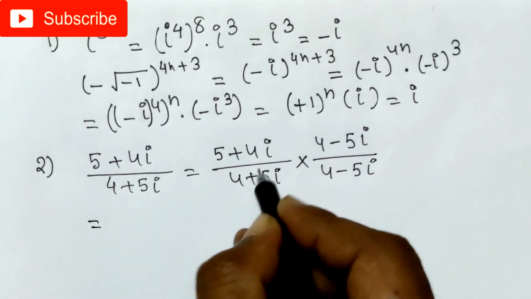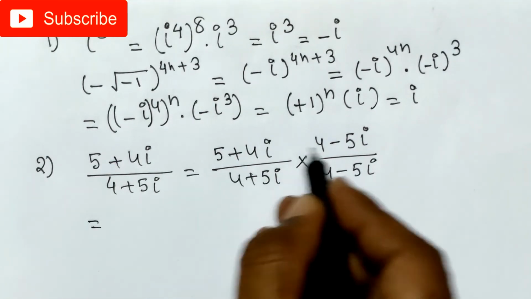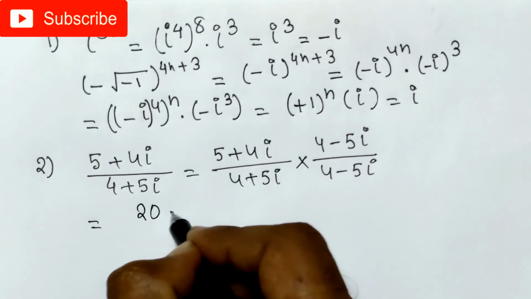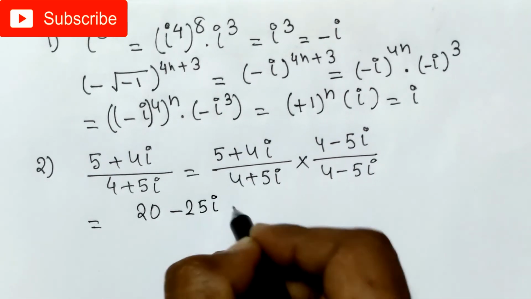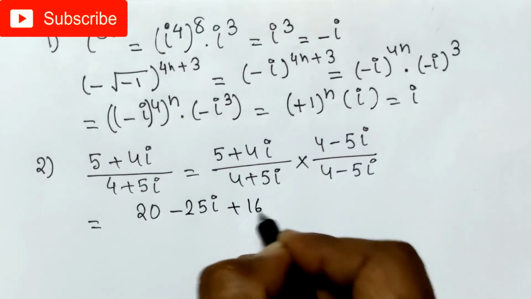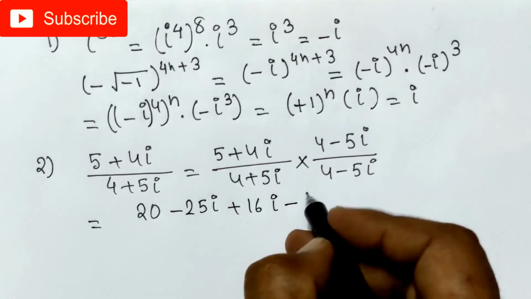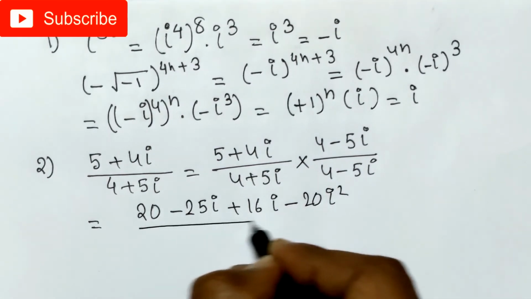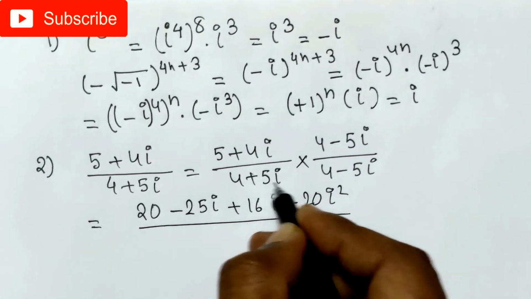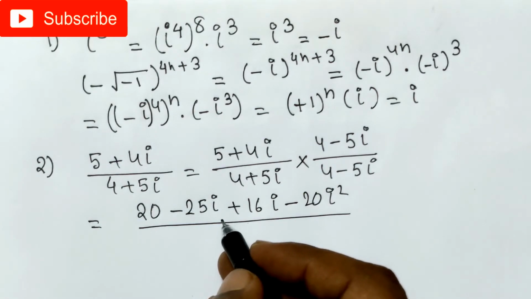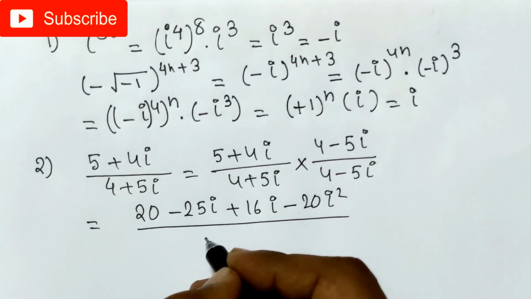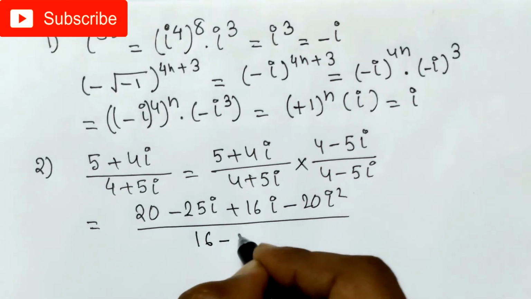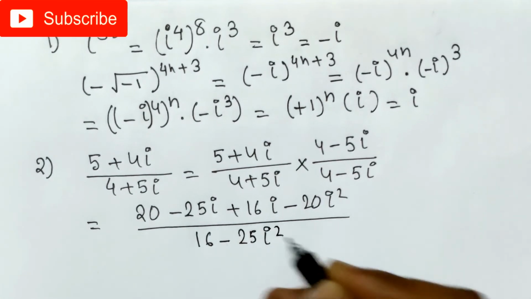So this equals, let's multiply term by term: 5 fours are 20, minus 25 iota, plus 16 iota, minus 20 iota square, whole divided by, look, this is (a plus b) into (a minus b), which is a square minus b square. So this gives 16 minus 25 iota square.